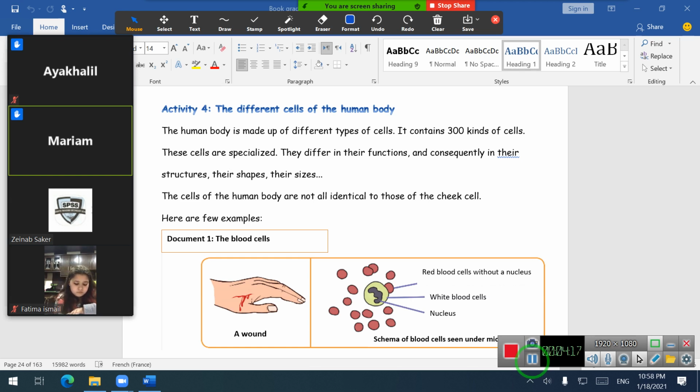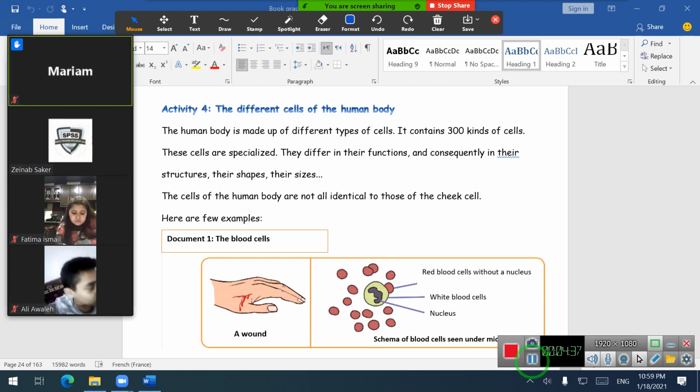The cells of a human are not all identical to those of the cheek cell. Here are a few examples. Thanks, Mariam. Thanks, Habib. So, the human body, as you know, is made of different kinds or millions of cells.